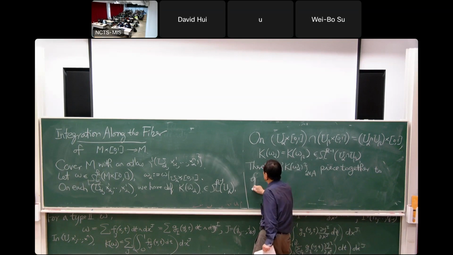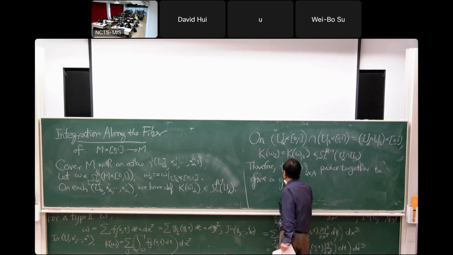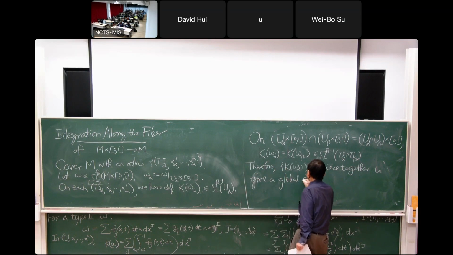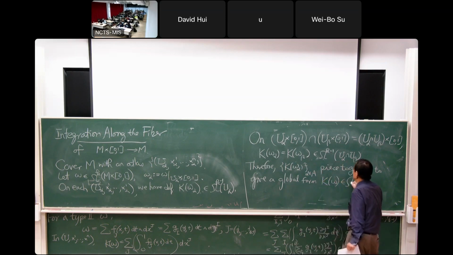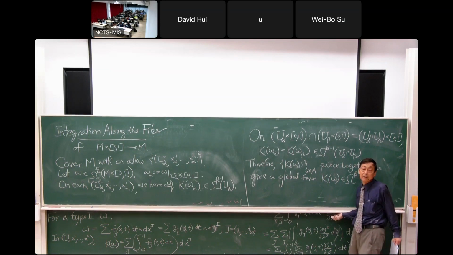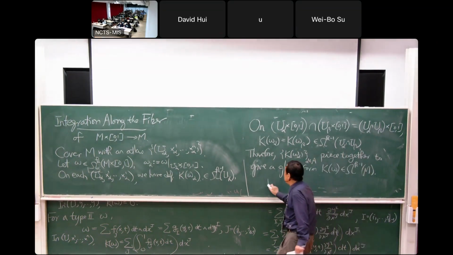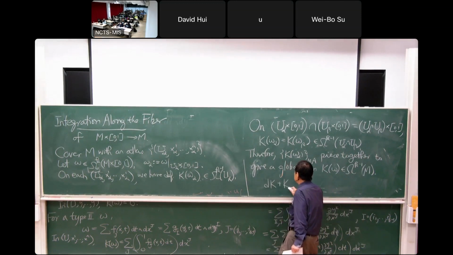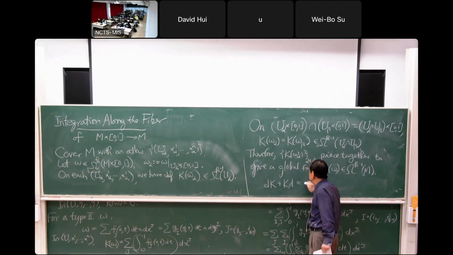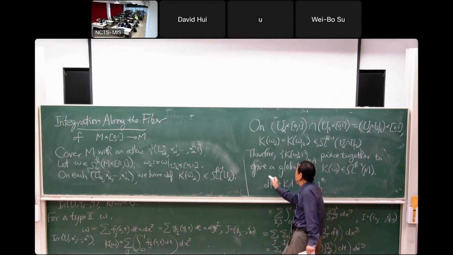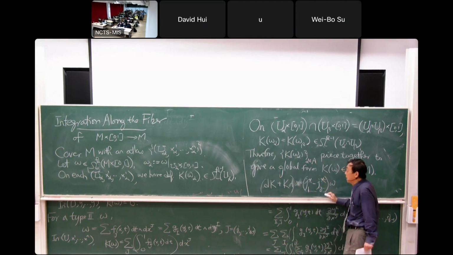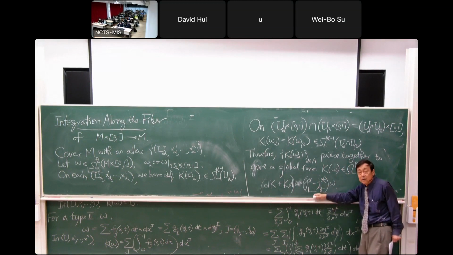to give a global form K omega. And you will still have the Chen homotopy equation because this equation is an equality of forms.